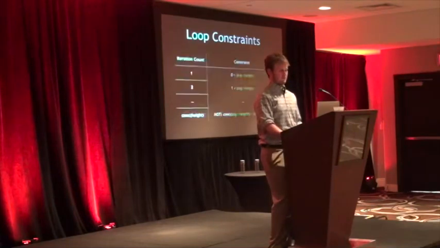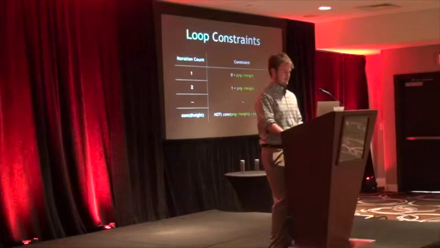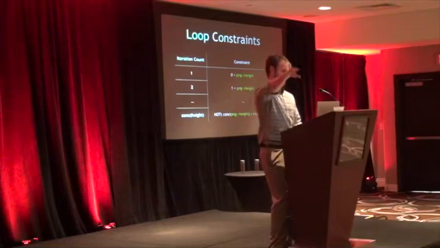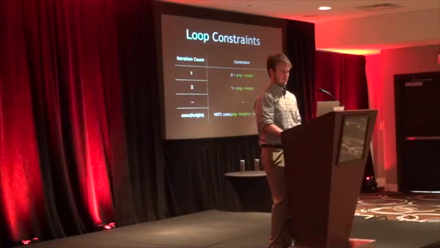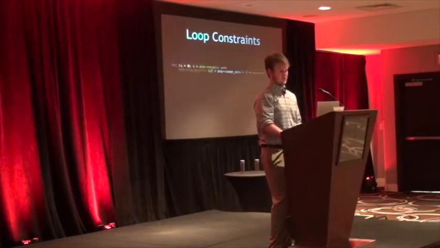So when you perform this loop, the constraints that will be met by the program are: 0 is less than your PNG's height. And then on the second loop iteration, you'll see 1 is less than your PNG's height.